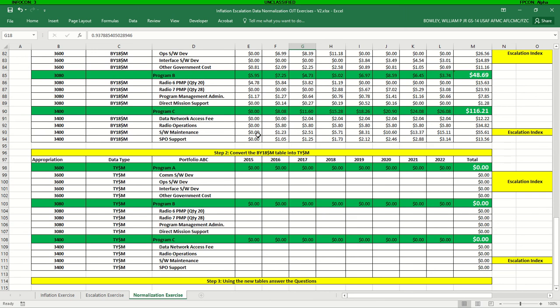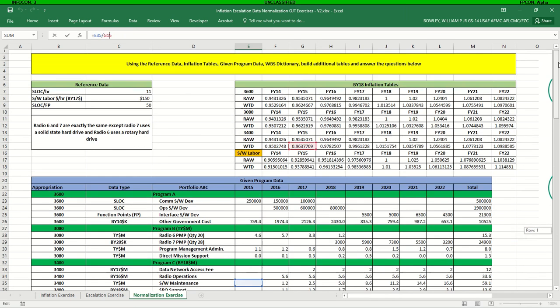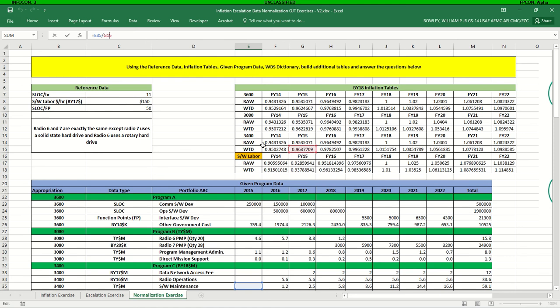So let's see. Go here, go here. And you see here we're grabbing 3400 when we should actually have this software labor grab. So we can go over to this cell here and we can actually drag this reference cell to the appropriate place. And it automatically updates here.